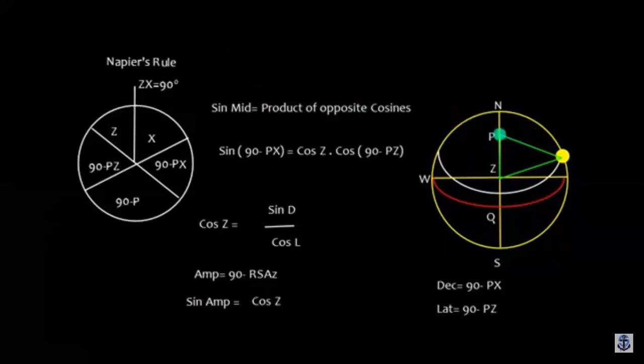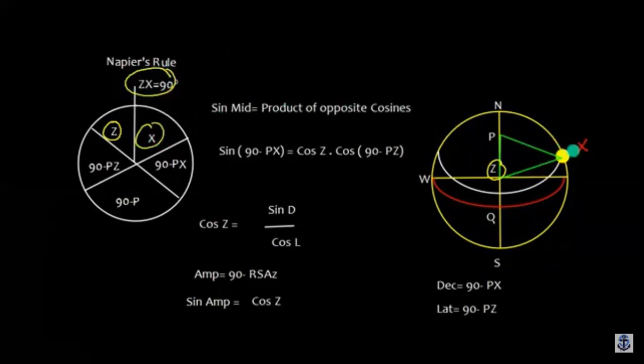Now to solve this PZX or Napier triangle for amplitude and azimuth problems, we have ZX equal to 90 degrees, because the distance from Z to X is 90 degrees.